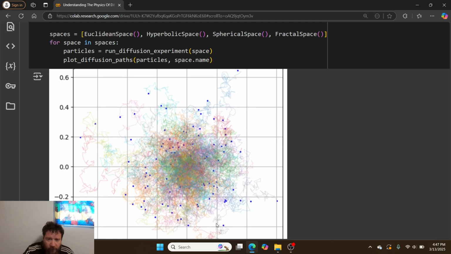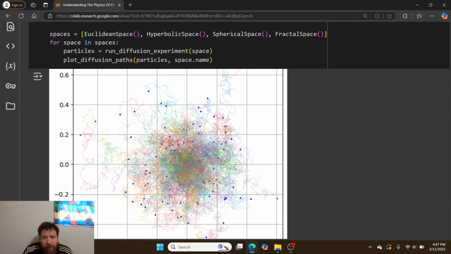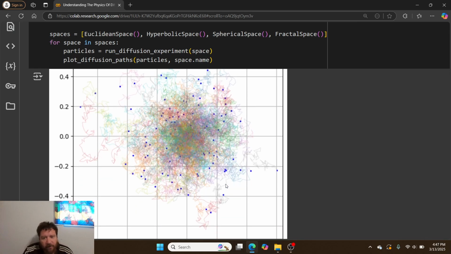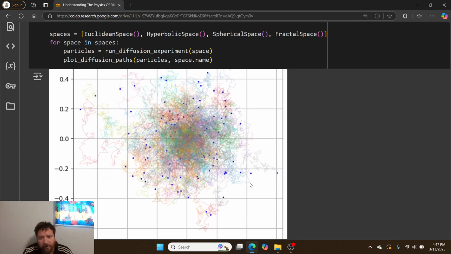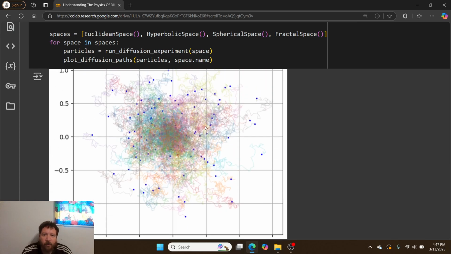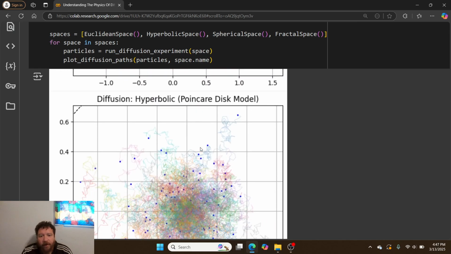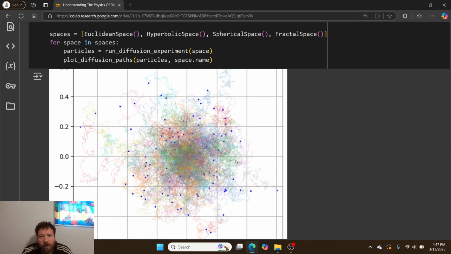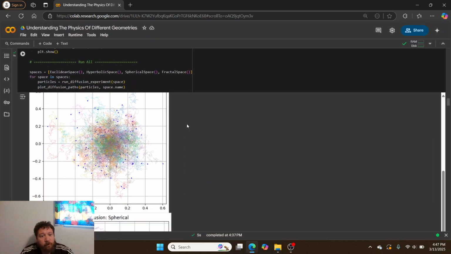What we see and what you can observe very specifically within the hyperbolic space as opposed to the Euclidean space is more instances of clustering is what I want to point out, right? So this compared to this, they're more evenly spread out in this instance, whereas they're more based off of cluster dynamics in this instance. And that's part of the physics that plays a huge part of this.